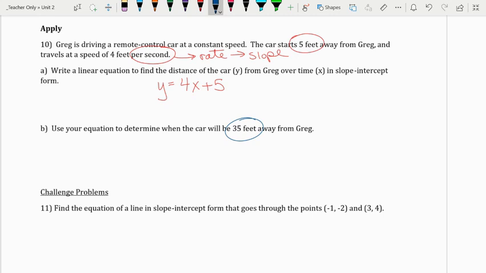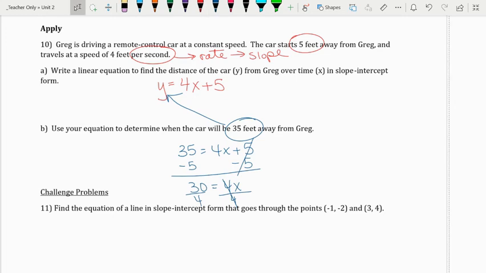So if you're plugging in 35, you would be plugging it in for distance, which would be your y, not time, which is your x. So we have 35 equals 4x plus 5. We would subtract 5, get 30 equals 4x, and then divide by 4.